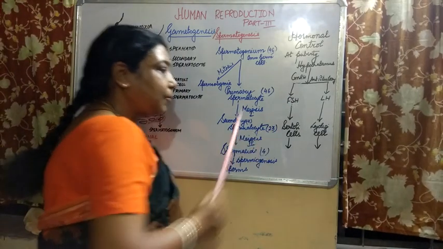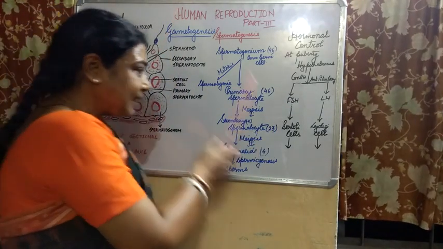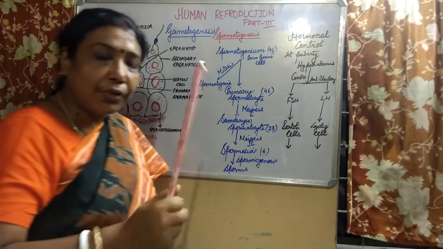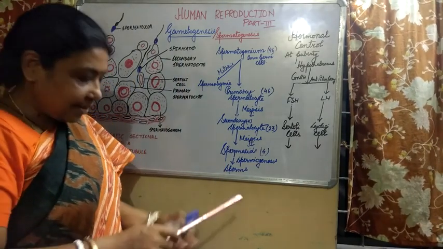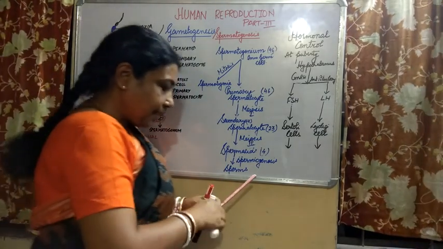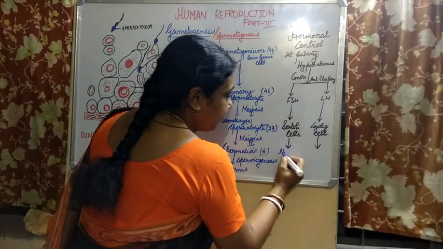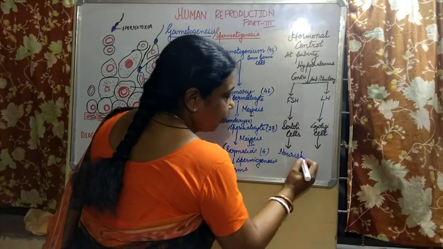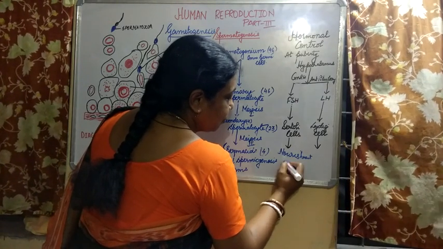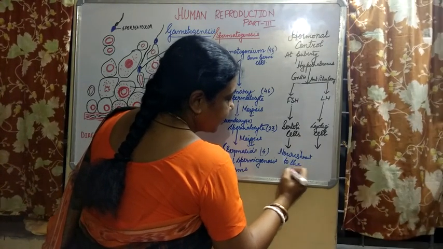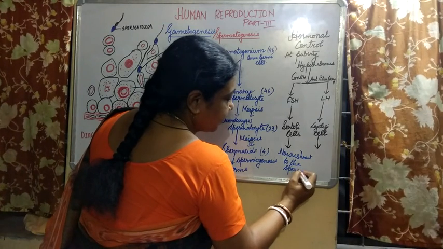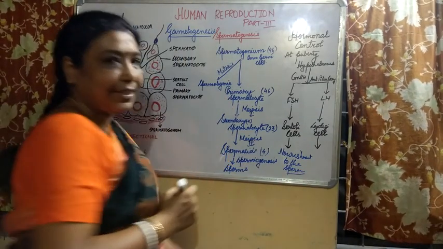This follicle stimulating hormone will be acting on the Sertoli cells, and the Sertoli cell will be providing nourishment to the sperm or spermatogonium, whatever it is.